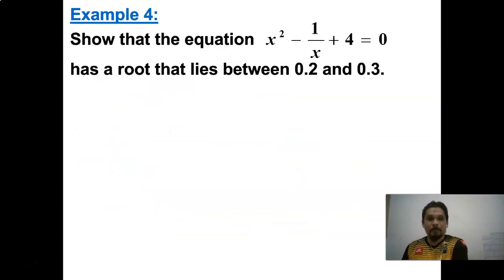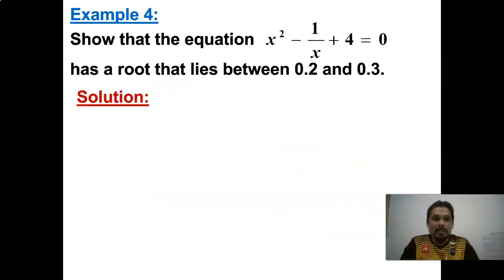Okay. And now, show that the equation of x squared minus 1 over x plus 4 has a root that lies in between 0.2 and 0.3.